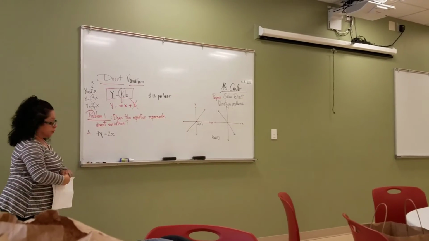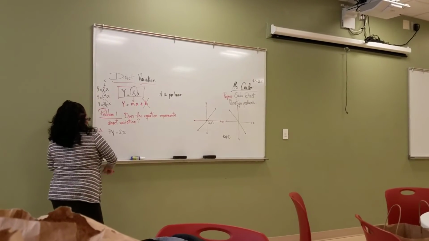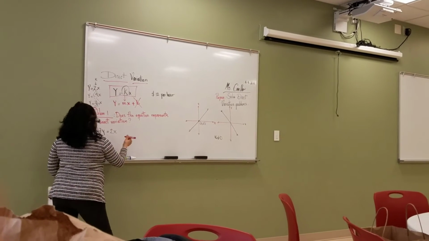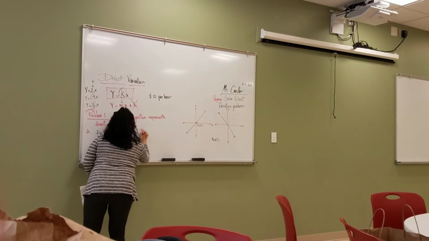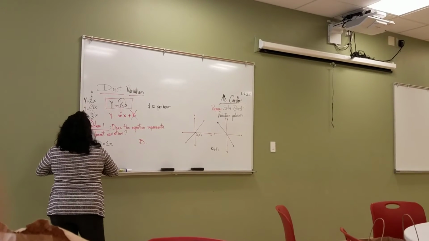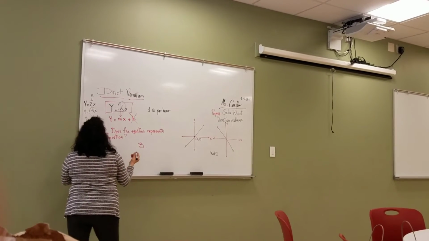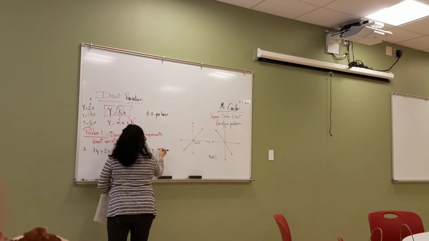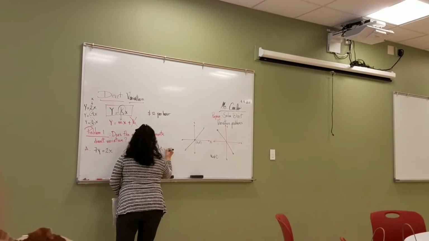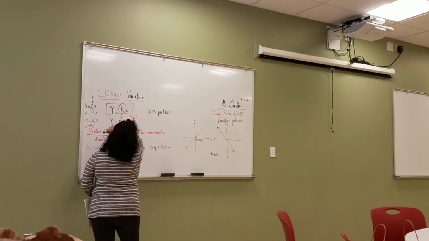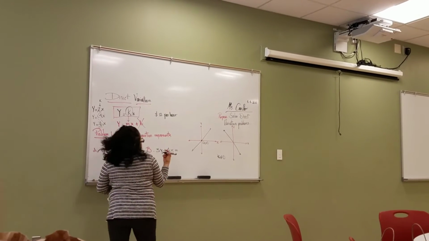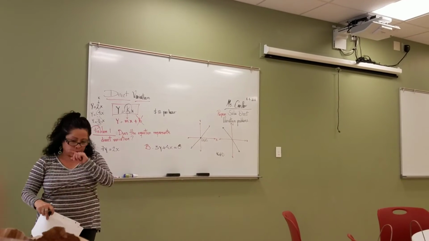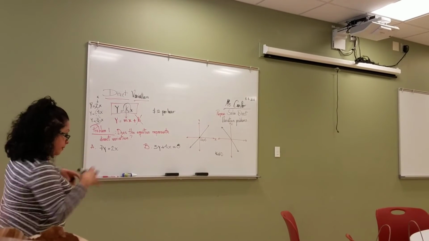So I have 2 problems. One is, you're going to figure out if this equation represents direct variation. And I have another one here. Let's copy that one: 3y plus 4x equals 8. This is a little bit more complex. We're going to be solving.